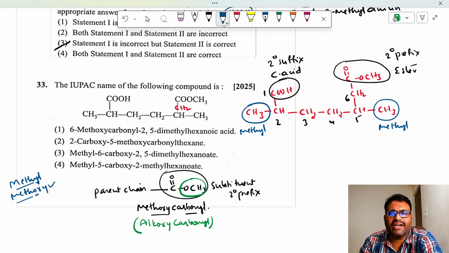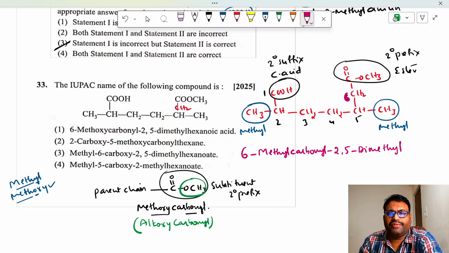So what do we write at the sixth carbon atom? In the IUPAC name, at the sixth carbon atom, we find methoxycarbonyl. Next, at the second carbon atom and fifth carbon atom, we have methyl groups, dimethyl.